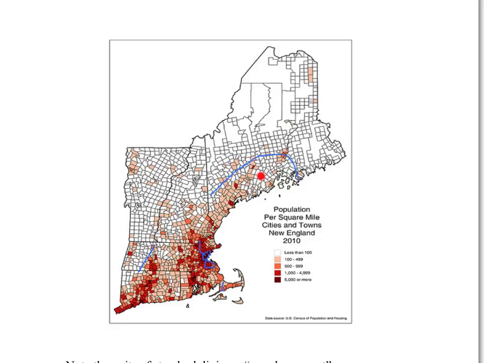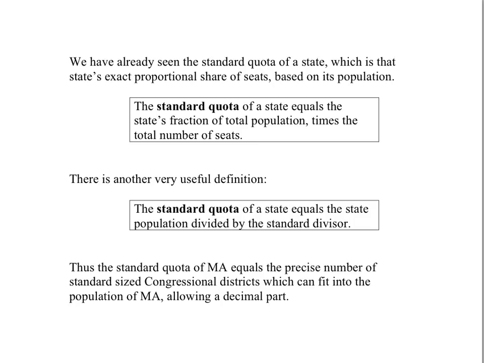From one state to the next, they won't be exactly the same, but they should not be too far from one another. And within each state, some of these districts are geographically larger than others, but equivalent in population. All this is very useful for giving us a new perspective on standard quotas.